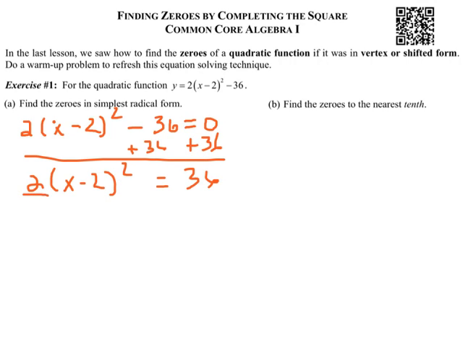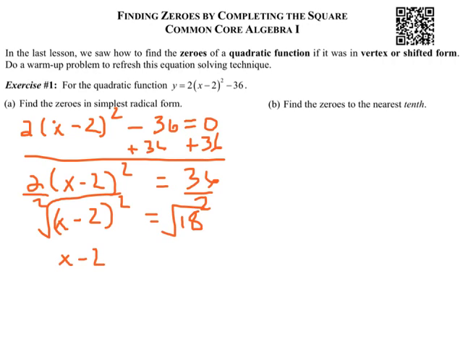Next step, divide by 2, divide by 2. So you get (x minus 2) squared equals 18. And then what do we do? Square root both sides. So you're going to get x minus 2 equals plus or minus the square root of 18.